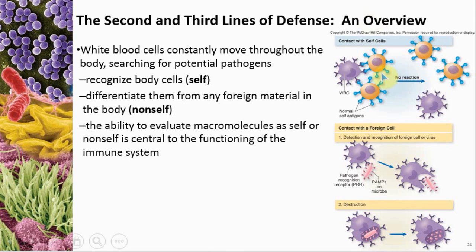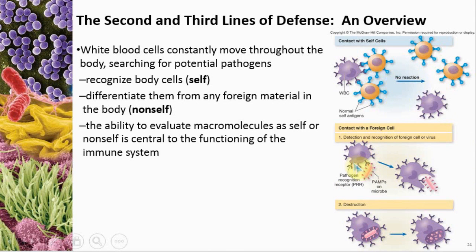And just like this picture is showing over here, this purple cell right here is the white blood cell, and these are the receptors on it, and they match these normal blue receptors or antigens here, which are the cell markers. And so if they match, then there's no reaction that occurs. The white blood cell leaves this cell alone, whatever it happens to be.